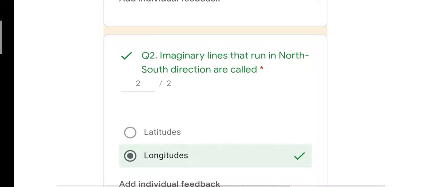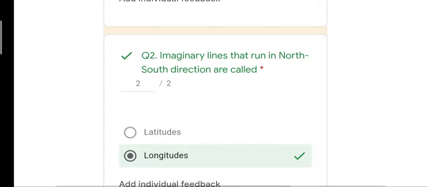Now coming to question number 2. Imaginary lines that run in north-south direction are called. So children, this was a very easy question. We all know that imaginary lines that run vertically in north-south direction are called longitudes.